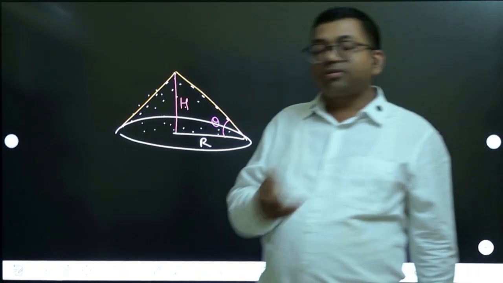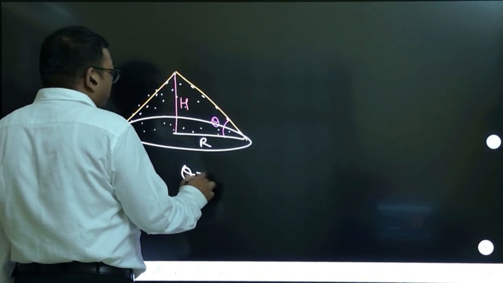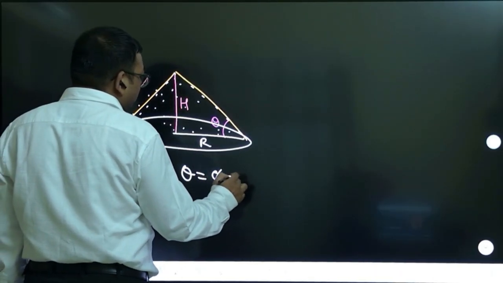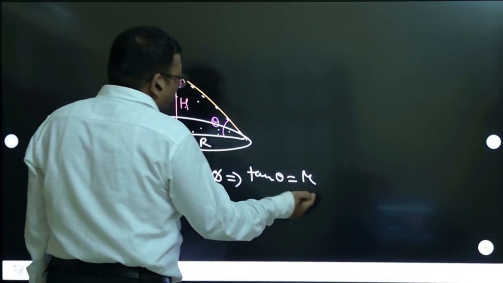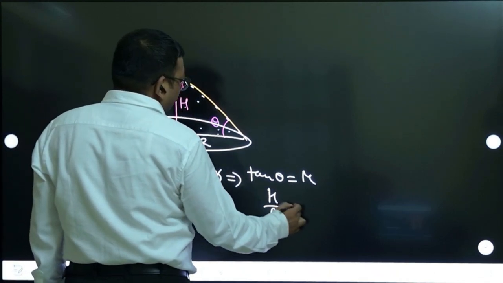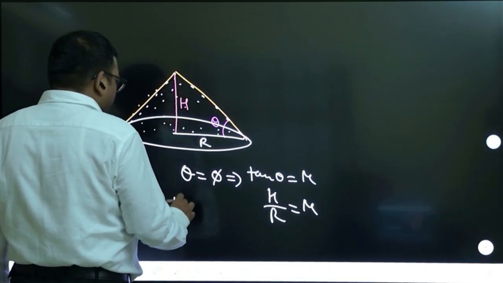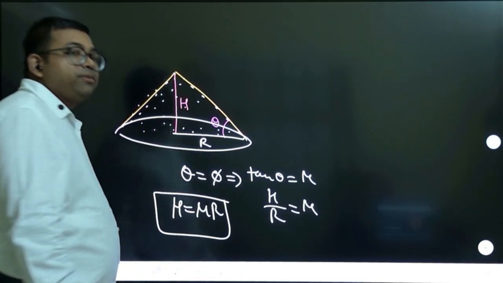Because this theta is angle of repose phi, which is nothing but tan theta must be equal to mu. That's all. And tan theta from here is h by r, equal to mu. So h becomes equal to mu into r. That's the answer. Very simple.